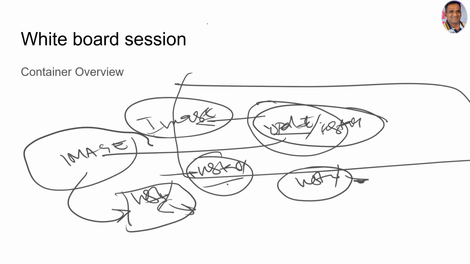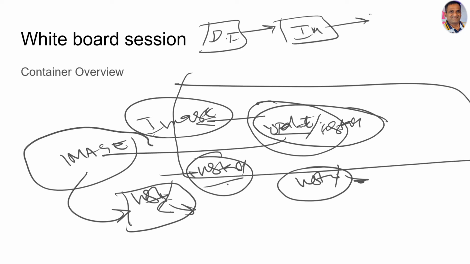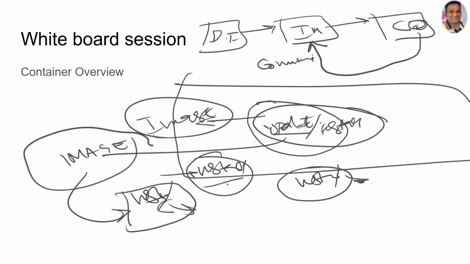Previously we discussed from a Dockerfile we created the image, and from the image we created the container. But the problem is, whenever we update the container, if we want those changes to be available for other containers, from this container we create a new image by using a command called commit.